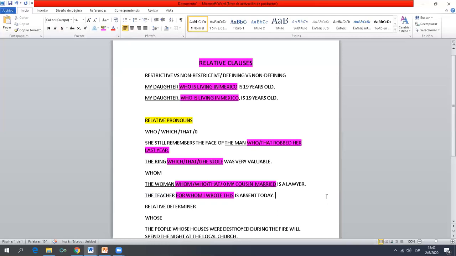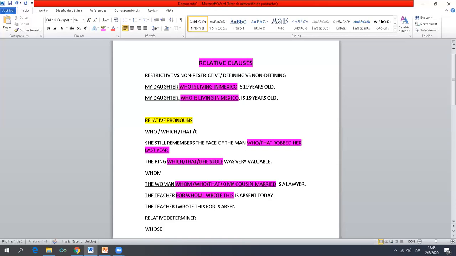You need for whom. But of course there are other alternatives because most people will go for something like the teacher who I wrote this for, that I wrote this for, and in the end this could end as the teacher I wrote this for is absent today. Look at how flexible these structures are, right?